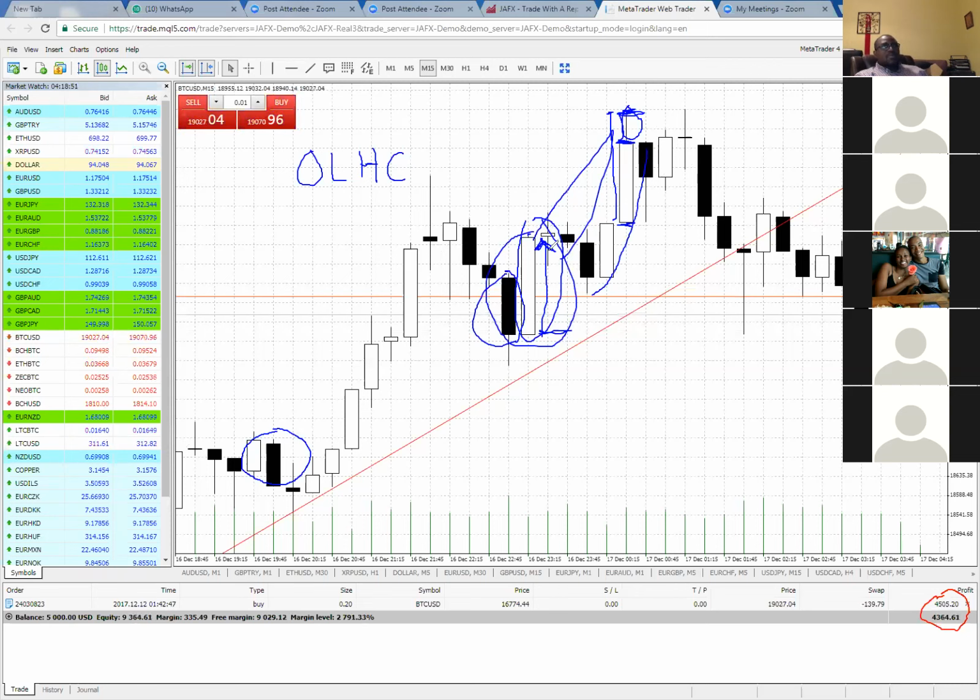But they had more, what we call it in the trading world, spare money, I forgot the term. I mean, when you have a lot more money to utilize, so you can do more buying. But in any case, see here, a bullish candle is developing.